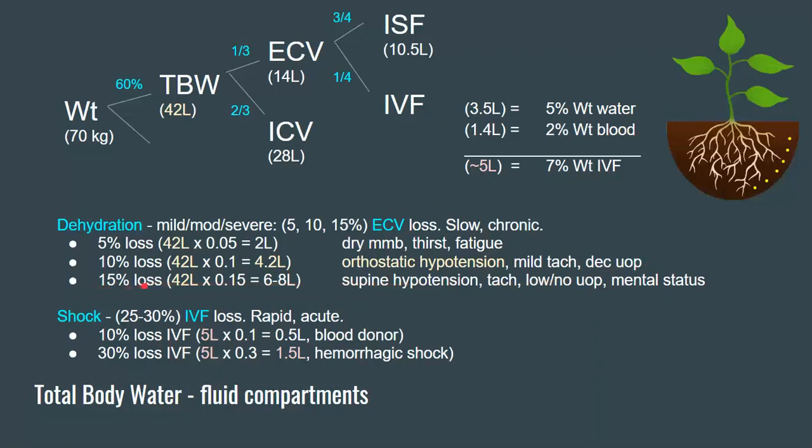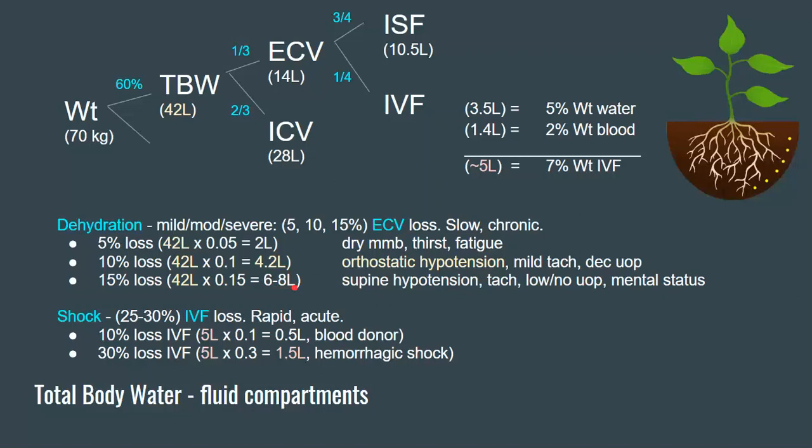15% dehydration would be if a patient looks like they have low blood pressure lying down flat. That's supine hypotension. They might be tachycardic or a little bit more prominently tachycardic. They may have low to no urine output or mental status changes. So 15% dehydration would be 0.15 times 42, which is 6 to 8 liters, and that's a bigger deal.